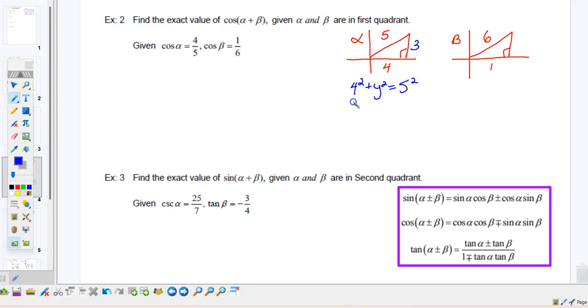Or if you recognize that often used Pythagorean triplet, the alpha picture is one. But the beta picture is not one of our special 3 Pythagorean triplets, so we're going to calculate this one all the way.